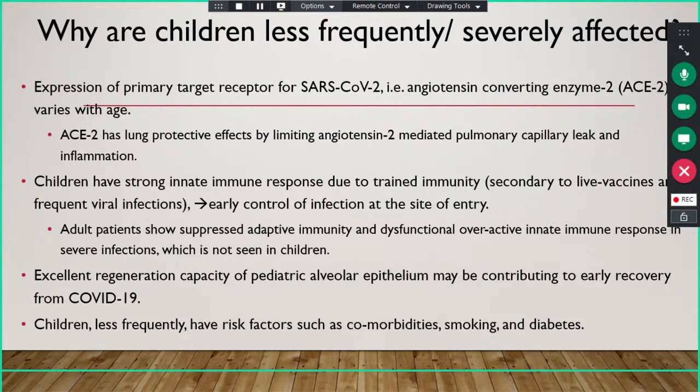People feel that those above 18 years of age have got infected in either the first or second wave, so they may have protection due to natural infection, and many of them might have got the vaccine. That's why the susceptible population will be children below 18 years of age.